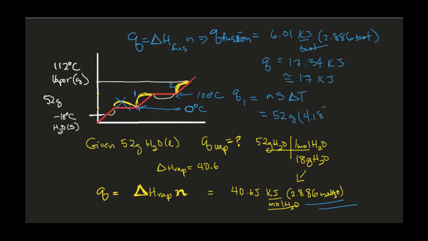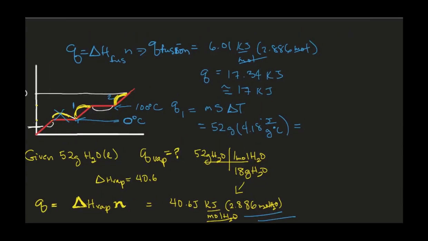The specific heat, again, is 4.18. And the change in temperature is what? Is it 0 to 18 or is it... We're in region 1 over here. So we start at 0 and we're going up as we go to the right, so it'd be to 100. So 100 minus 0? Yeah.